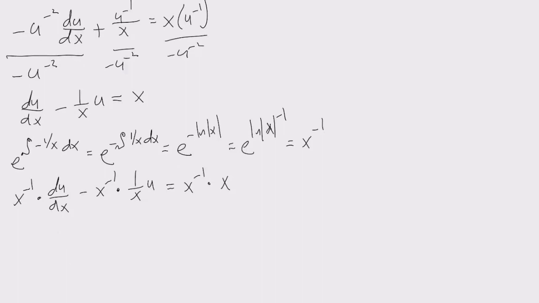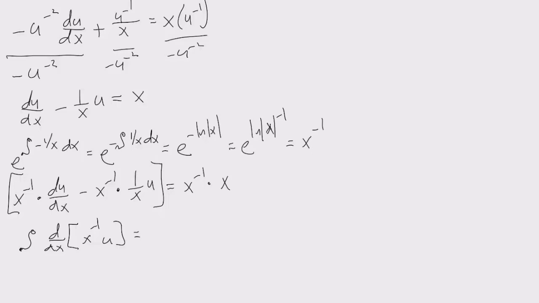Okay, good news is this expression is an application of the product rule, and so we end up getting the derivative with respect to x of x to the minus 1 u. And on the other side, oh, that's a minus x.